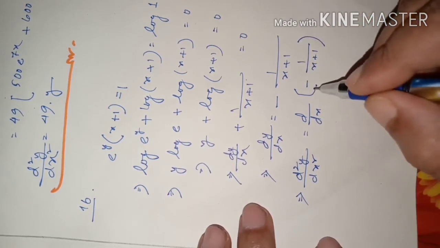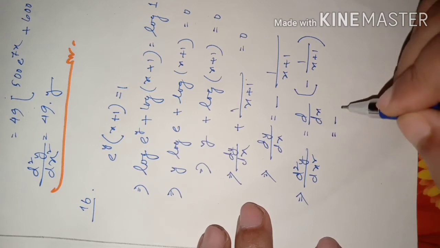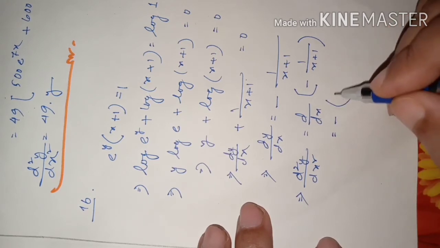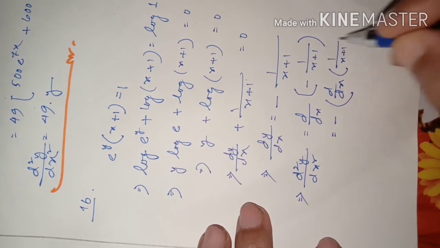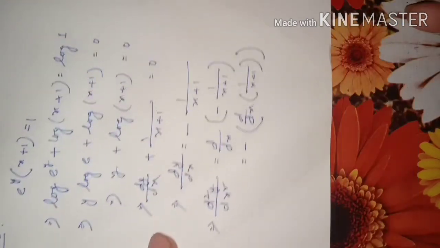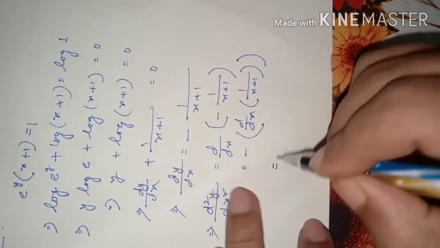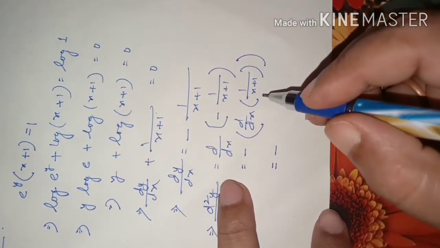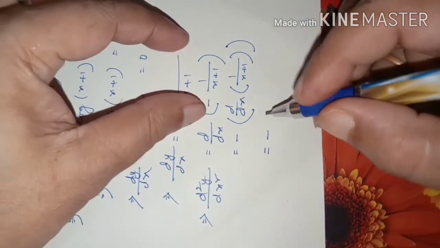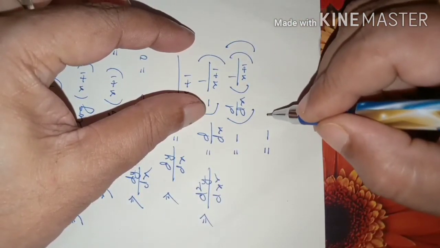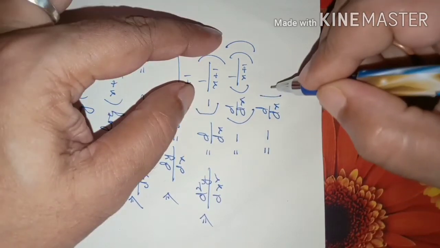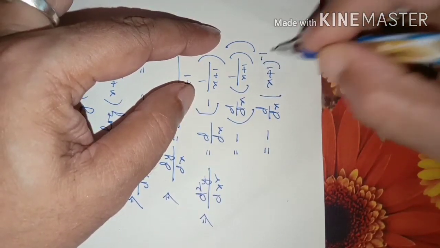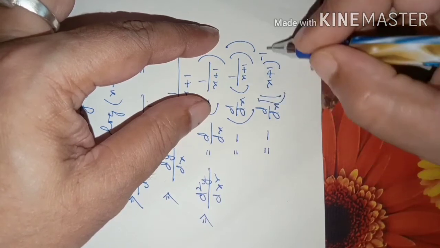Okay, this minus sign will come out, minus d/dx of 1 by x plus 1. So what is d/dx of 1 by x plus 1? We can write it like this, d/dx of x plus 1 to the power of minus 1. Now I take its derivative.